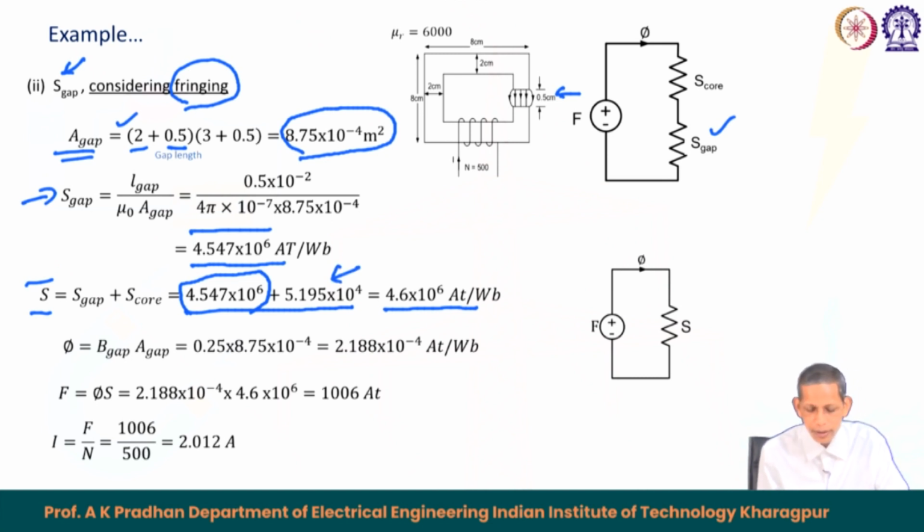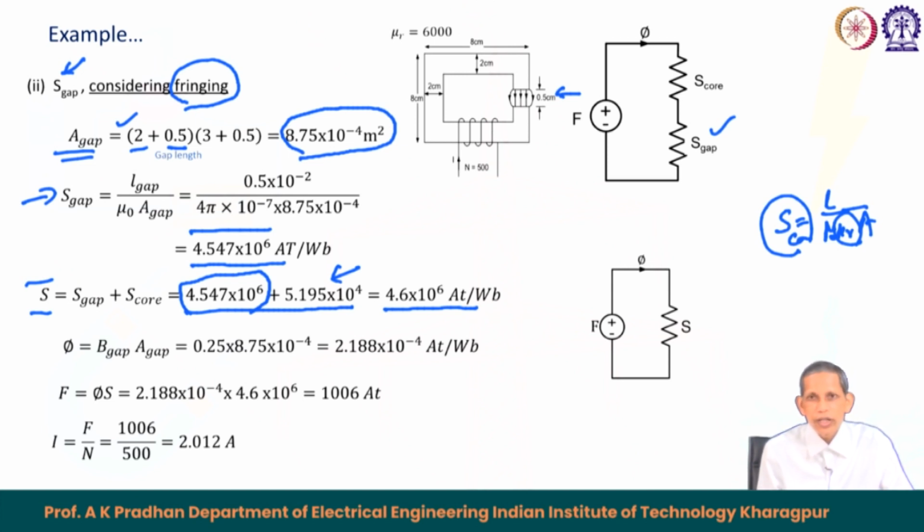So, this implies that the ampere turn drop in the gap happens to be significantly high compared to that of the core part, and the reason is that S for the core part equals L upon mu naught into mu r into A, and this mu r happens to be large, 1000, 2000, 6000 in this case, and that is the reason the core reluctance becomes much smaller than the air gap reluctance, though the air gap length is small in most of the cases also.